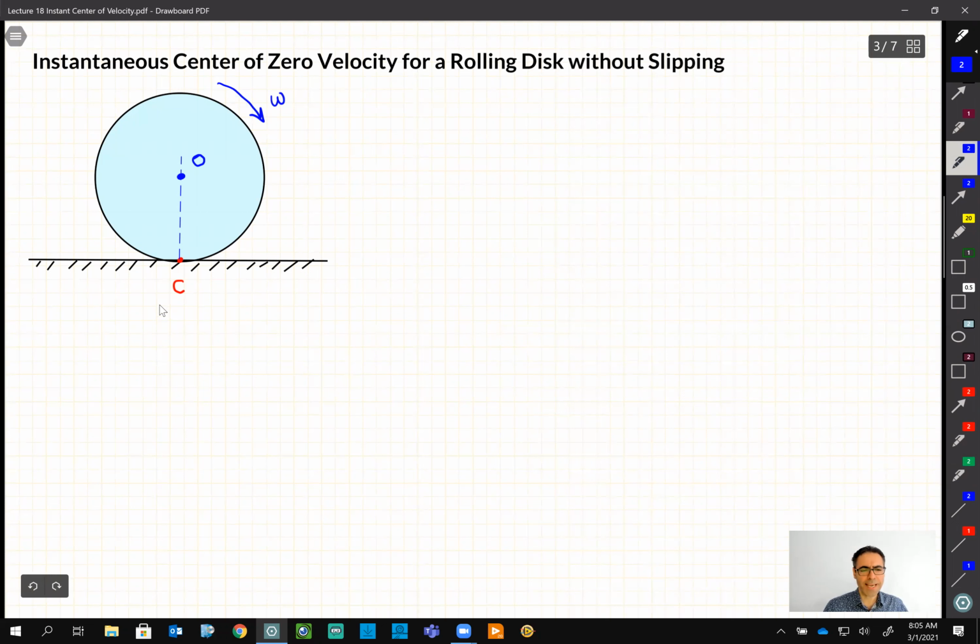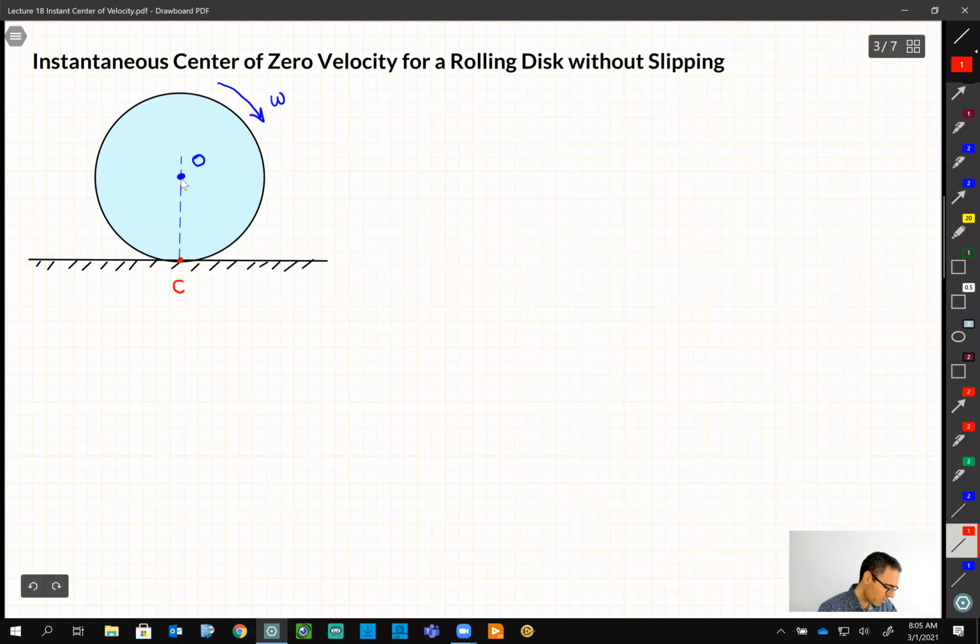Well, can we say that for an instant, a very short period of time, point O is rotating about point C? I want you to visualize a very, very large wheel on the ground, and you look at this point O. Can we say this point O for a very tiny time is spinning about point C?